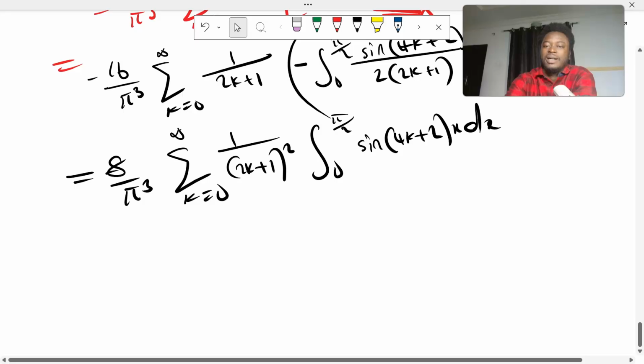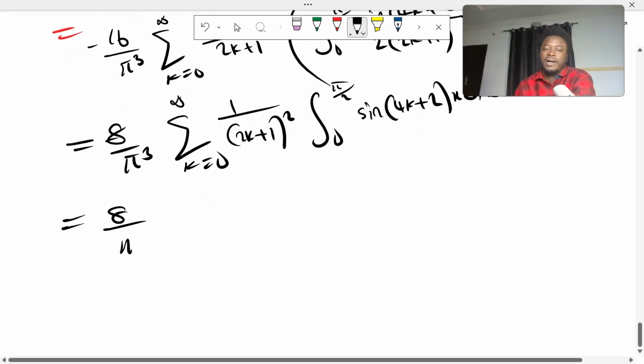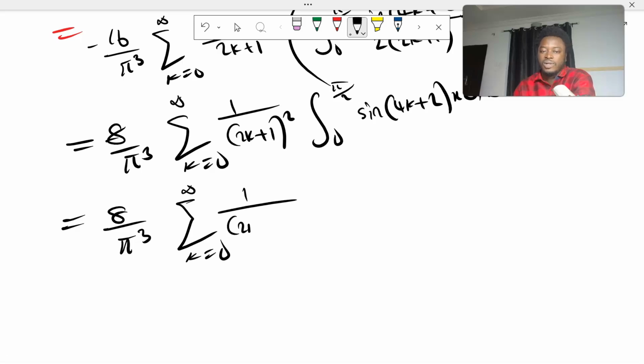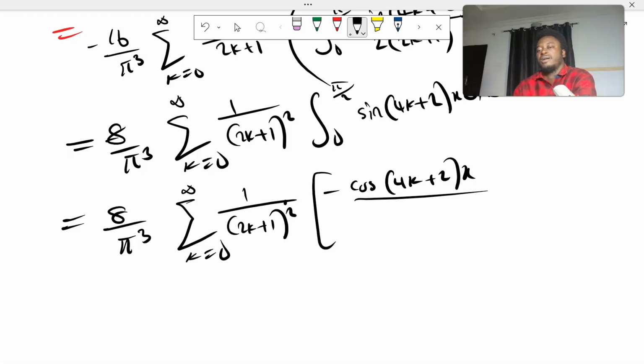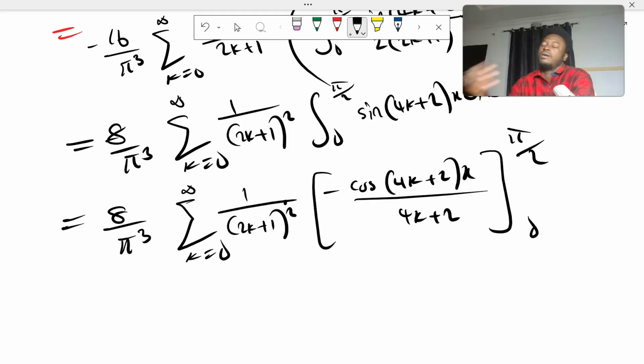We can use integration by parts, and this will be 8 over pi to the third power times the sum as k runs from 0 to infinity of 1 over (2k plus 1) to the second power. Then you would have negative cosine of (4k plus 2)x all divided by 4k plus 2, and we are taking this from 0 to pi over 2. Now if 4k plus 2 is multiplied by pi over 2, you will have cosine of (2k plus 1) pi, and this is equal to negative 1.